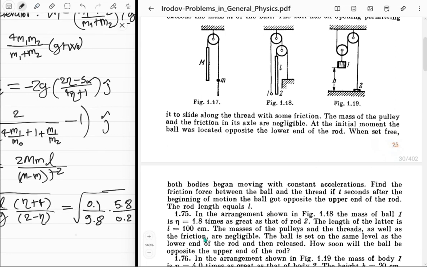There we go. So it's square root of 1 upon 98 into 58 upon 2. Wait, are you serious? 58? Oh yeah, it is 58. Oof, it's kind of problematic.